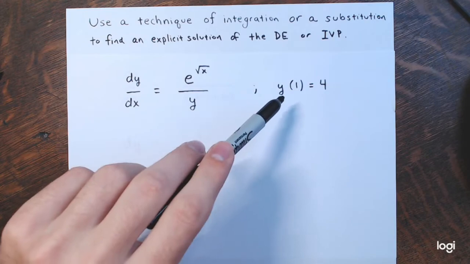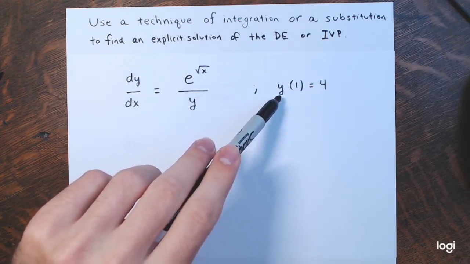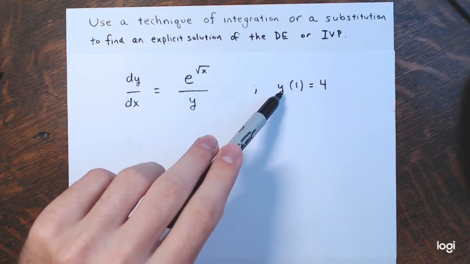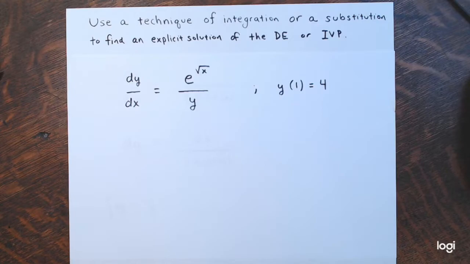And the initial condition on the solution that I'm looking for is that the value of y at x equals 1 is 4. Or the solution passes through the point 1, 4. I'll show you on the slope field when we're done that our solution does indeed pass through the point 1, 4.